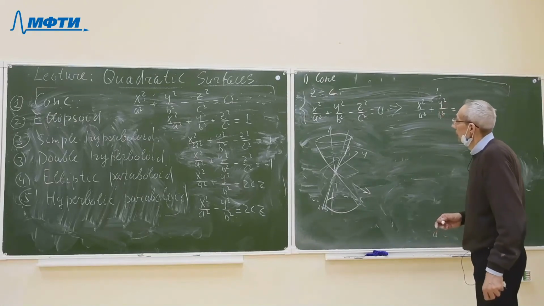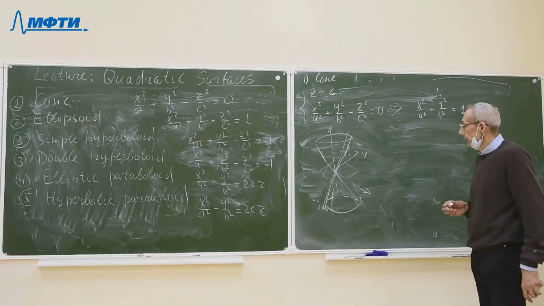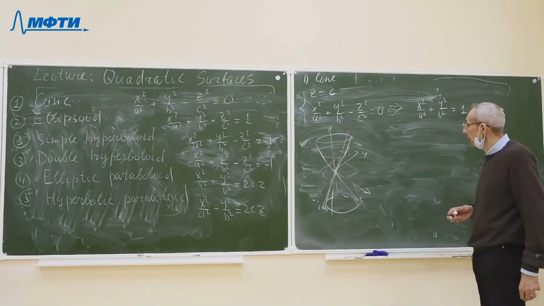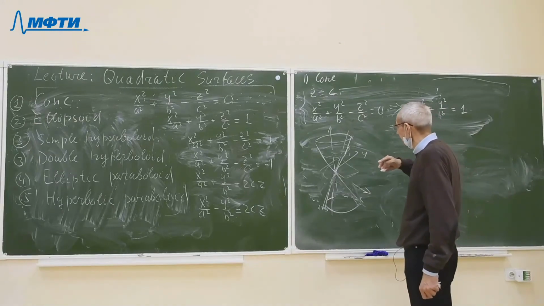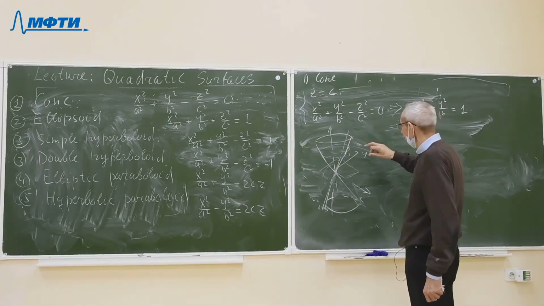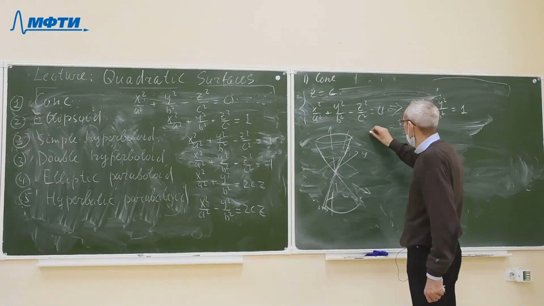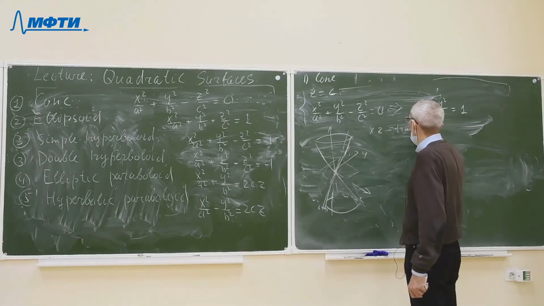What contours of this surface can we obtain if we fix other variables? Let's consider the XZ trace.